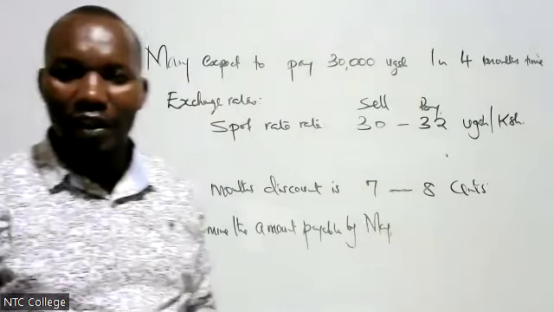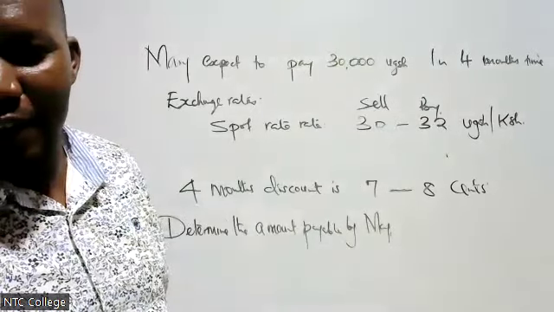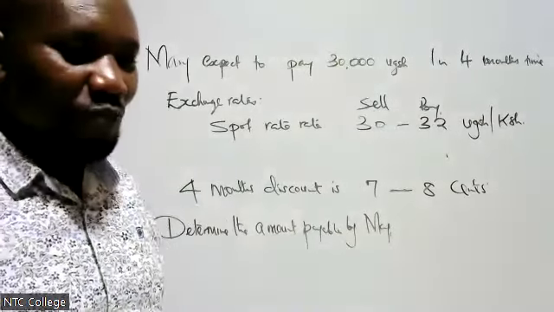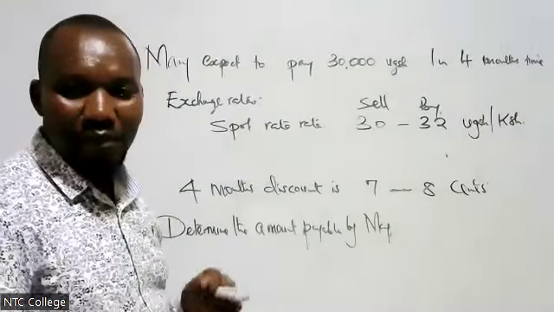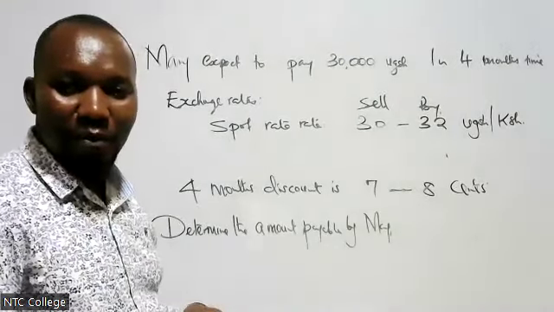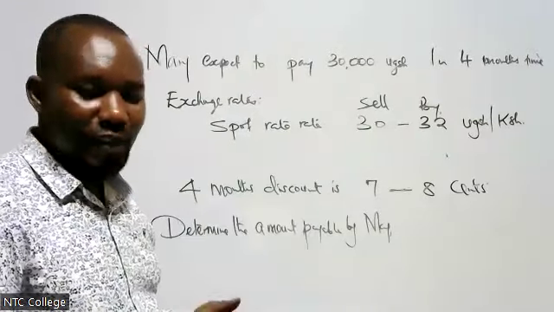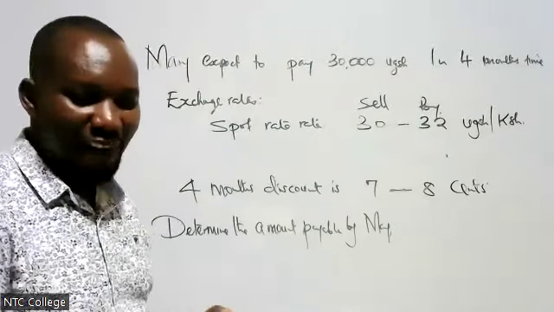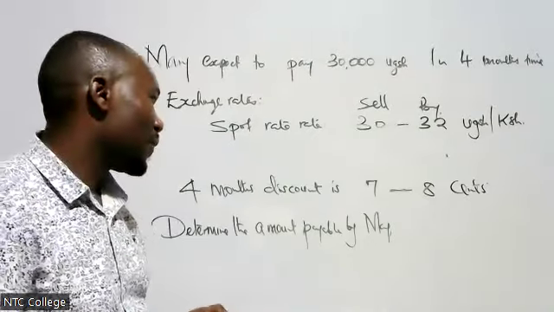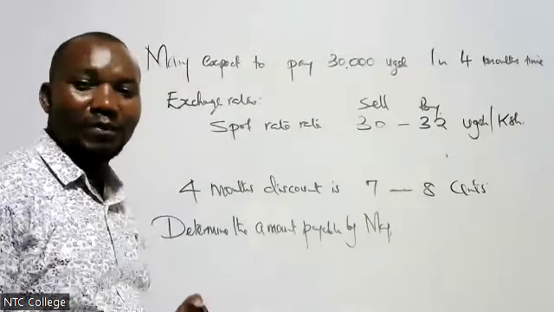I know some of you here are very young. They don't know that we used to buy ndizi na cents. Ruth, did you manage to buy ndizi na hizi cents? Ama maembe? You didn't? Well, na 50 cents ulitumia?